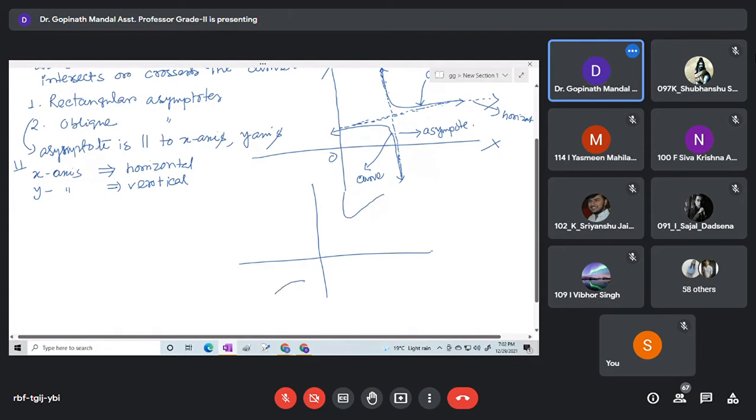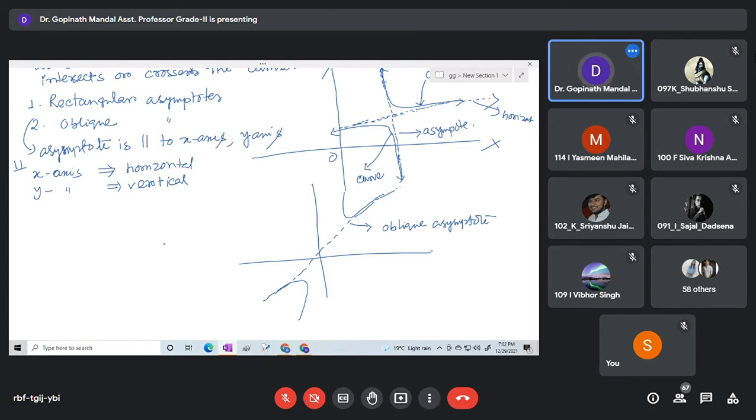Suppose this is our curve, and any line that is an asymptote not parallel to y-axis or x-axis, this type is called an oblique asymptote. So if an asymptote is neither parallel to x-axis nor to y-axis, then it is called an oblique asymptote.